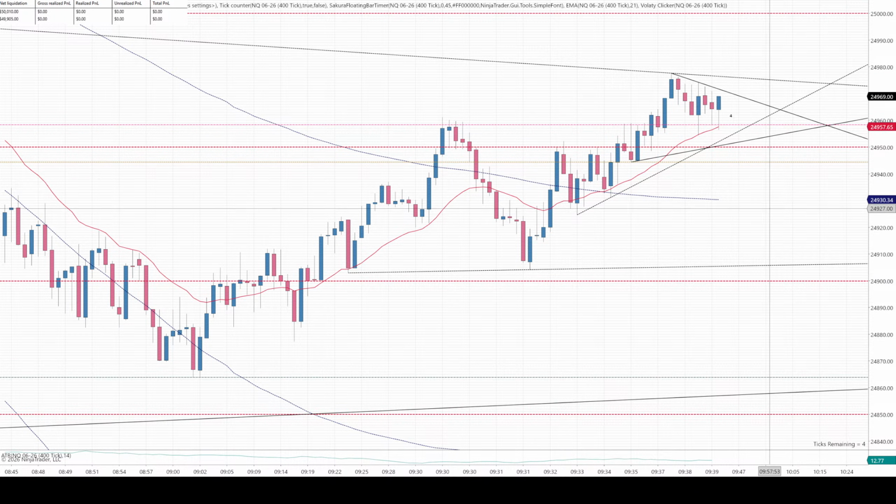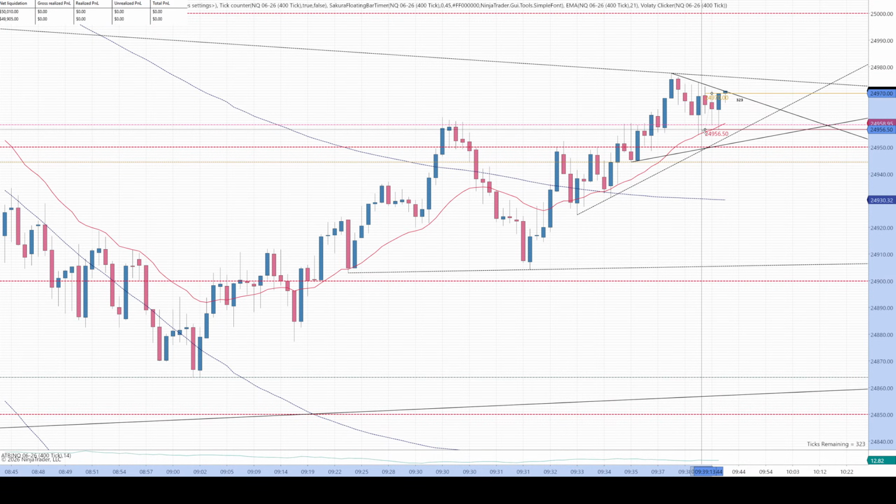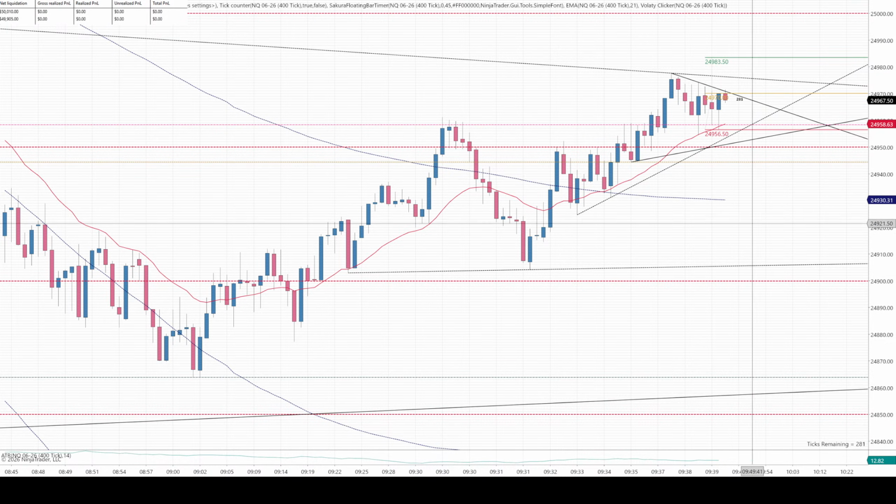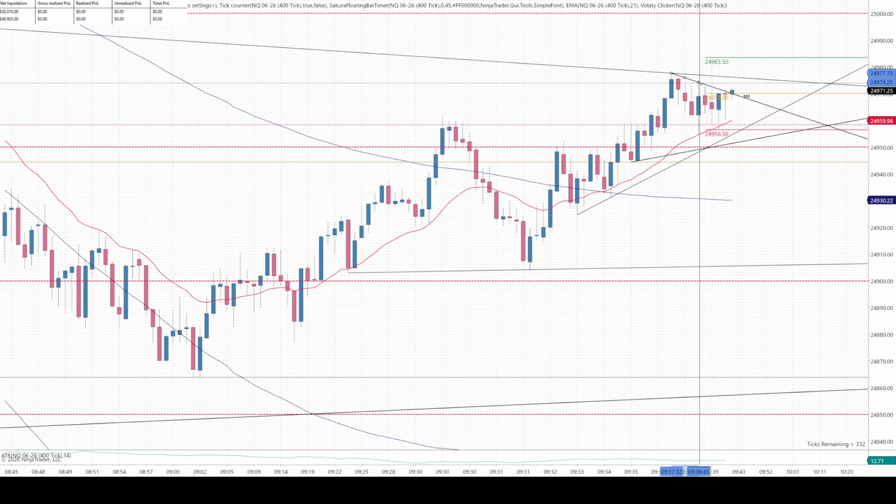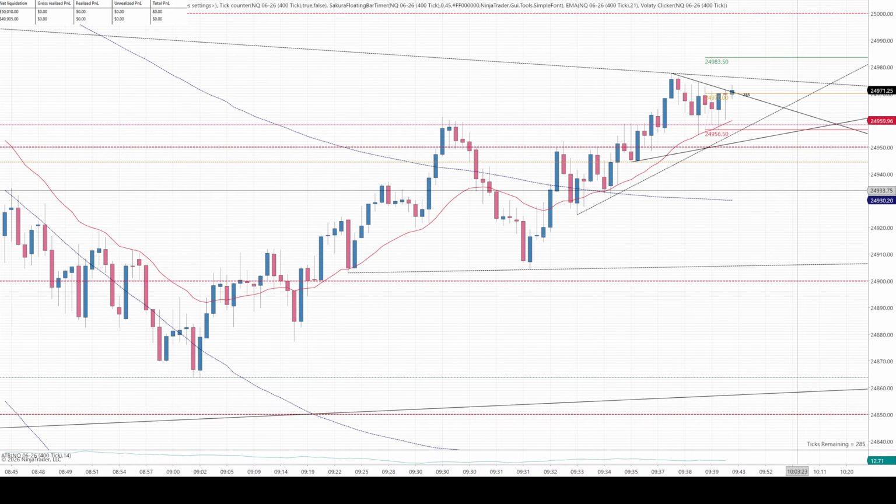Okay, this is a bullish trigger up, but we have all that resistance overhead. Question is, do we break through it? Price looks like it wants to break out.